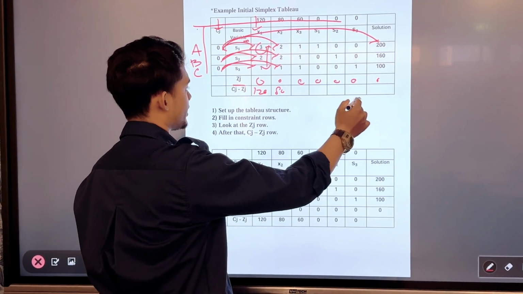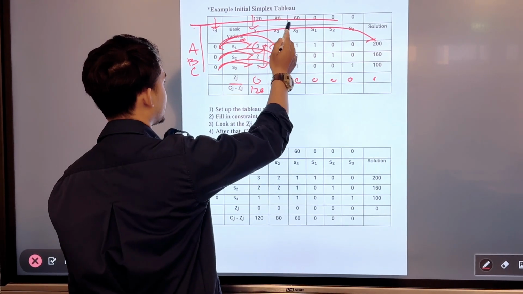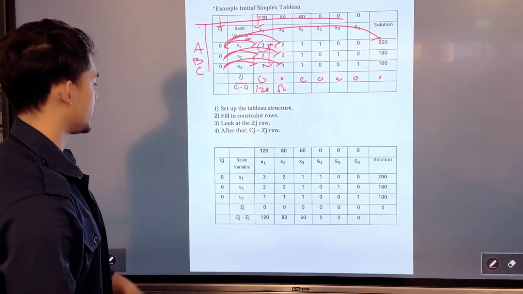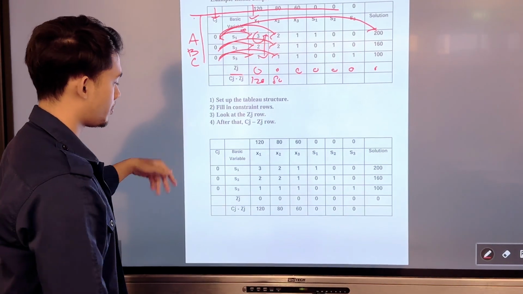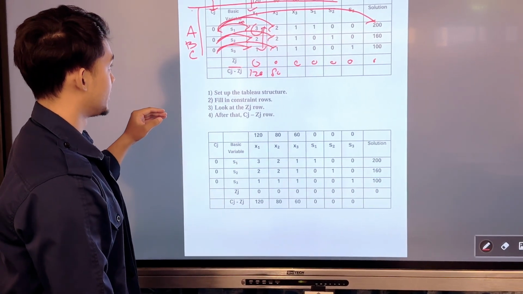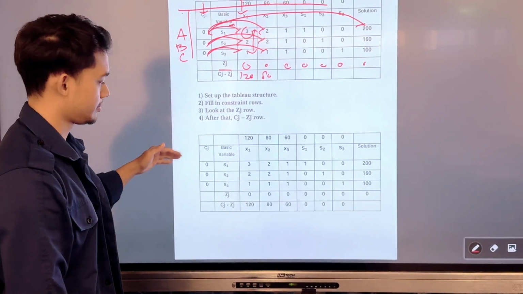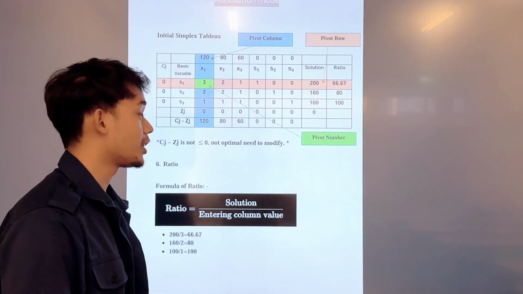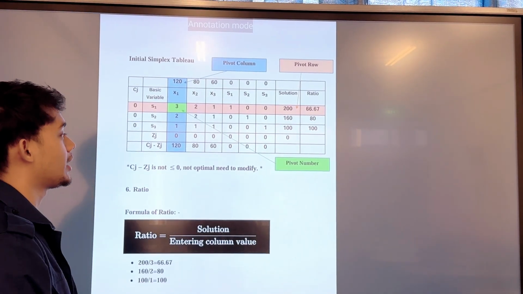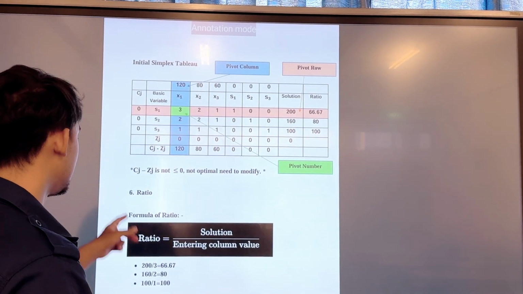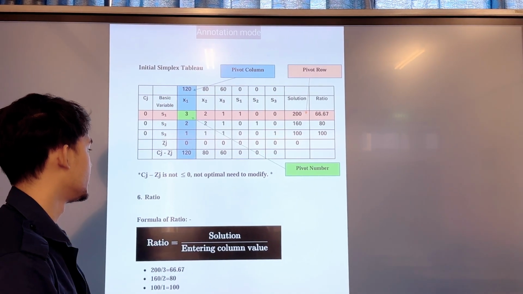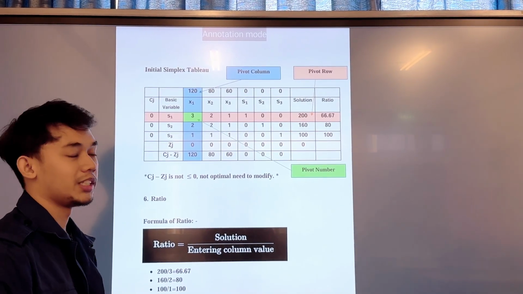Next column, same thing you can do, CJ minus ZJ. This is the complete initial simplex table. Okay, as you can see, the initial simplex table is not complete yet because CJ minus ZJ is greater than 0. Not optimal, need to iterate.